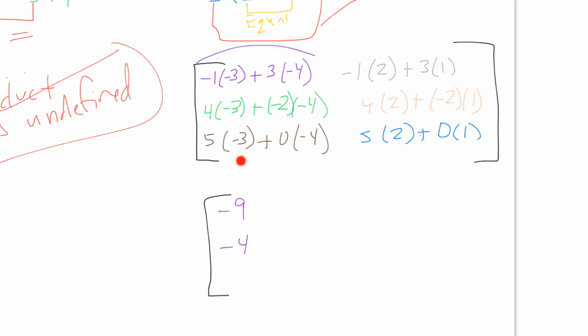Then if we do 5 times -3 plus 0 times -4, we get -15. Then if we do this part over here, we get 1. Multiplying and adding this second part, we get 6. And then multiplying the last part here, we get 10. So our final matrix is right here.